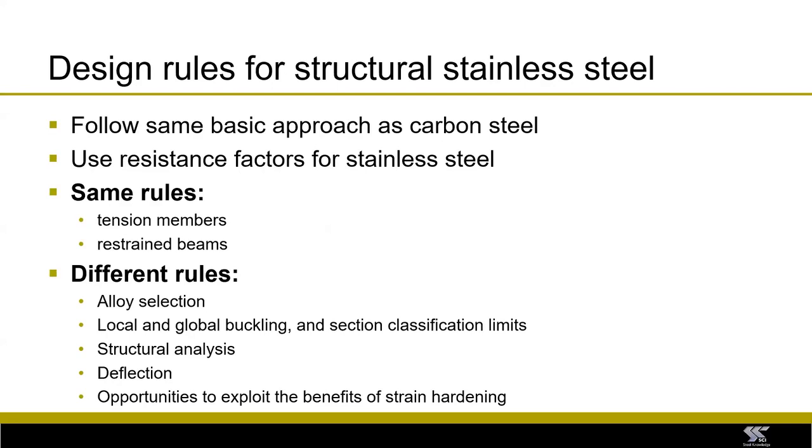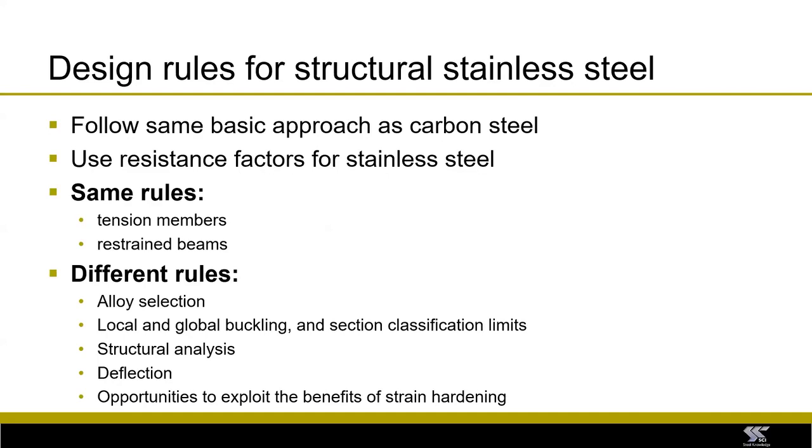I pointed out that for the Eurocode, they're different. For AISC, they're the same. There's no difference in rules for tension members or restrained beams, but there are different rules for stainless steel for some of these other topics. And I think I've got 4 slides giving an example of how these other topics are dealt with.